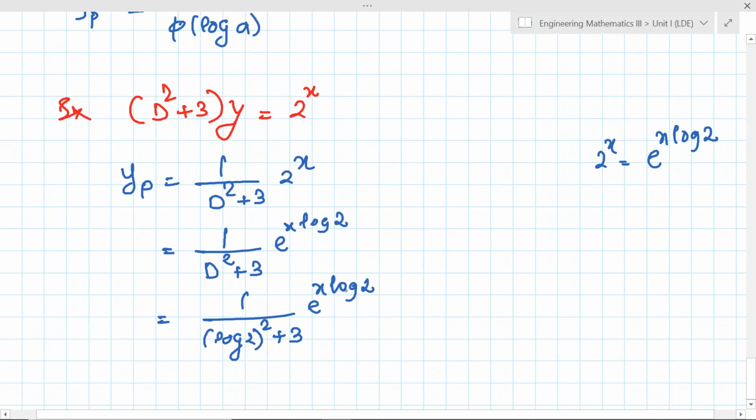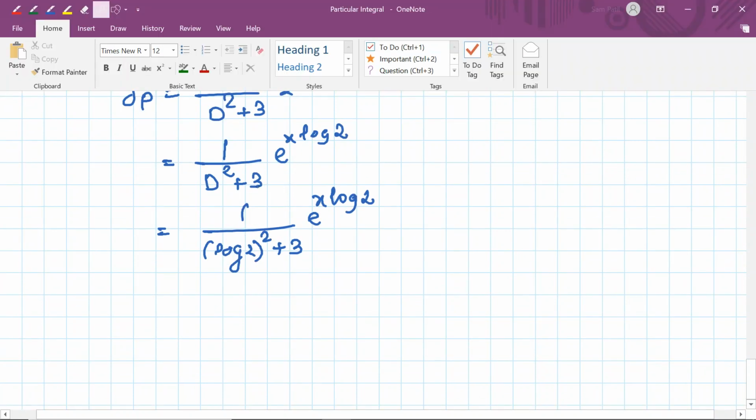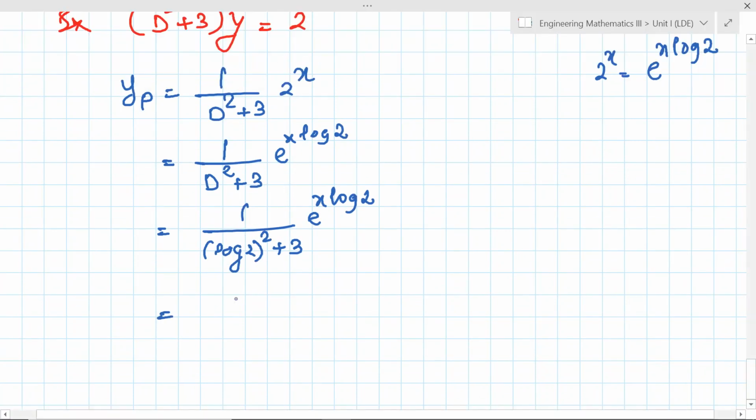What is e raised to x log of 2? It is nothing but 2 raised to x. Just substitute that value. So this is equal to 1 upon log of 2 bracket square plus 3 into 2 raised to x.